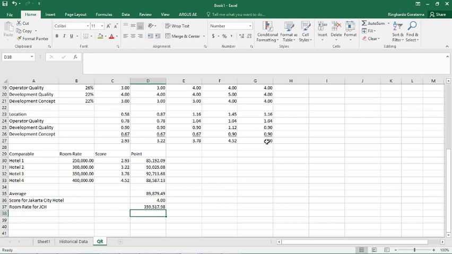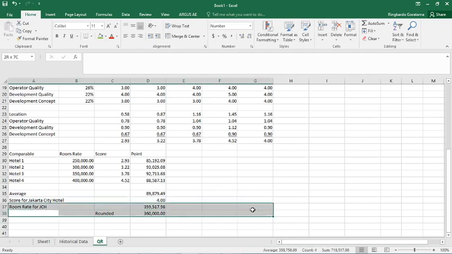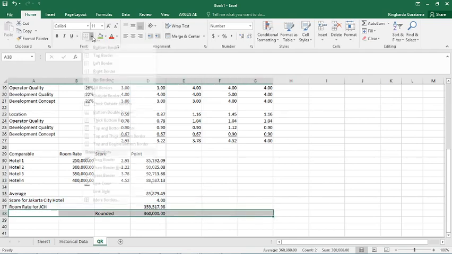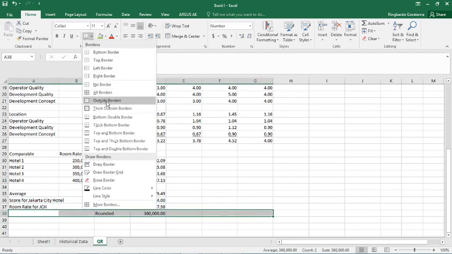So this is the price, and also we can make it rounded. We just put minus 4. 360,000 rupiah per night. So let's make it look nicer.